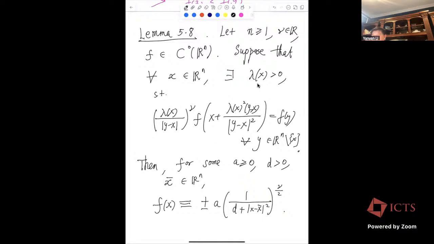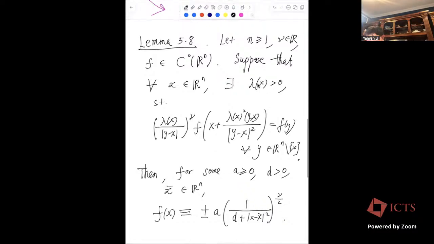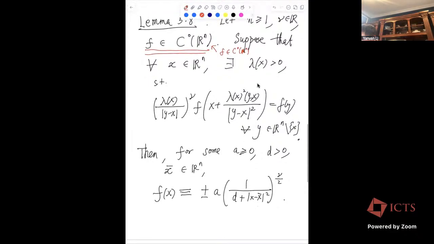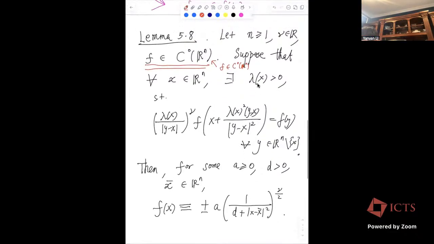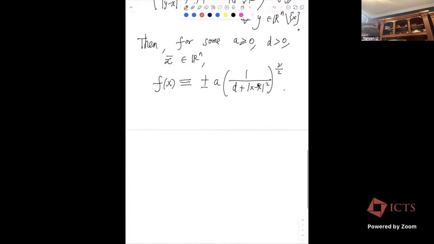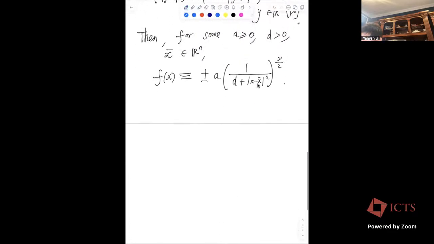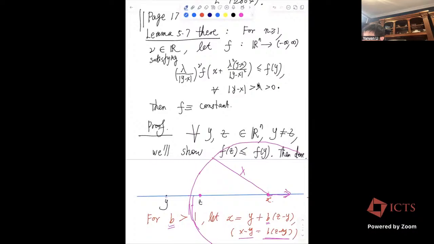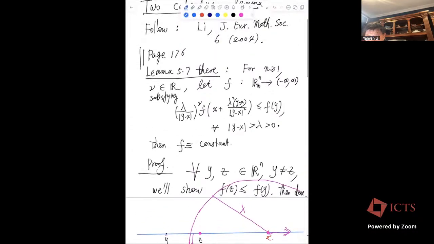And this is given by the second calculus lemma we used. So here, f being C0 is good enough. In this place, there's a proof for f is C0.